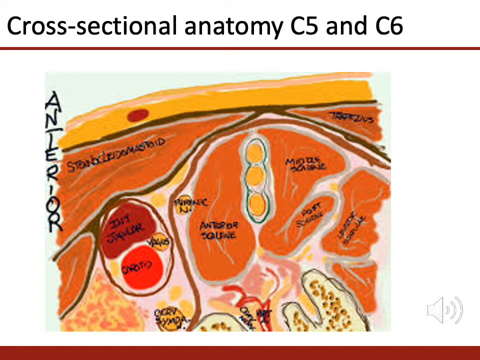Now we can see that there are several structures that are close by. We have our phrenic nerve from our cervical plexus that usually sits on the belly of the anterior scalene muscle. We have our vertebral artery, which is in close relation to the most deep aspect of the brachial plexus at the interscalene level.